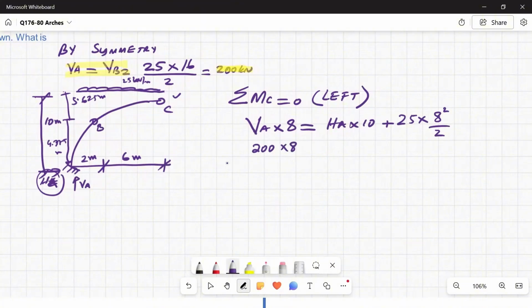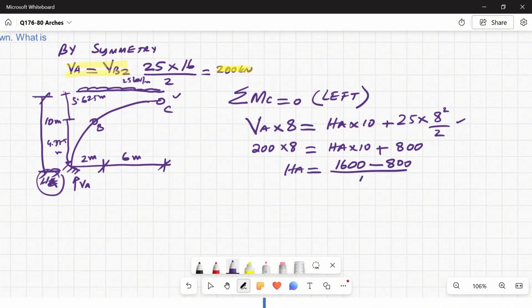VA is 200 times 8 is equal to HA, not known yet, times 10, plus this value will give me 800 kilonewton meter. And from here, HA will be equal to 1600 minus 800 divided by 10. So this will give me 80 kilonewton. So HA is 80 kilonewton.